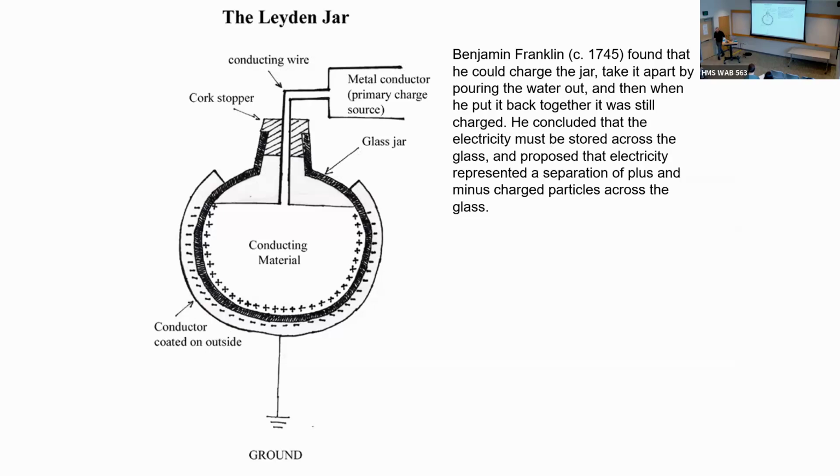A Leyden jar is a conducting material surrounded by an insulator with another conductor on the outside. Using a metal conductor, you can generate static electricity, build it up, and build up a huge charge across the insulator here.